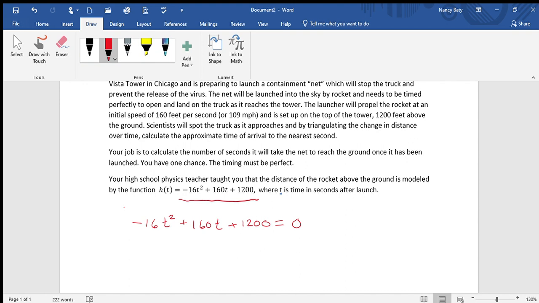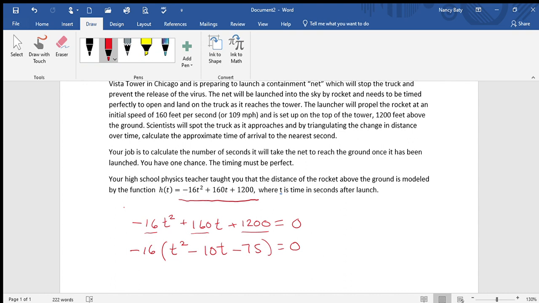The first thing you should always look for when wanting to factor a quadratic is greatest common factors. We know that we need to factor out a negative because we should always factor out leading negatives. And if you divide 16 into each of the coefficients in this problem, you will find that it's a factor of each. So we have a GCF of negative 16. So we're going to divide that out of each term, which leaves t squared minus 10t minus 75 inside the parentheses.